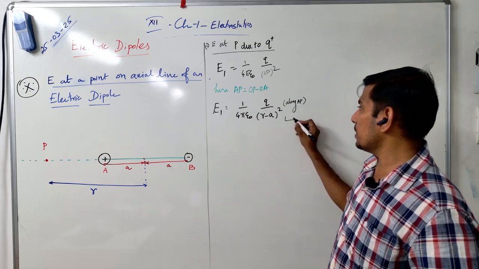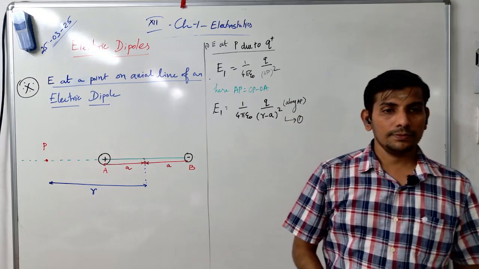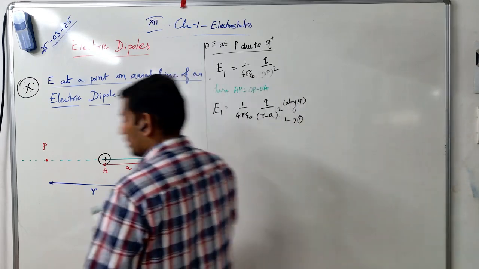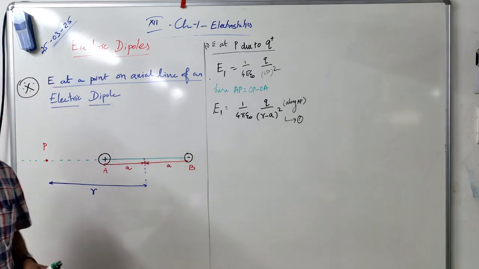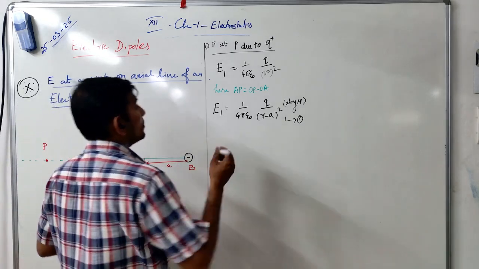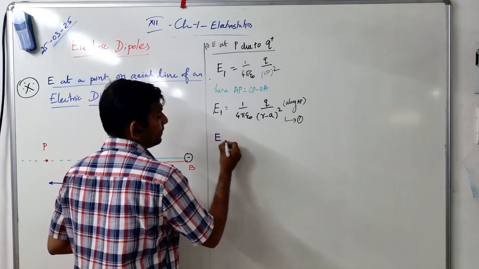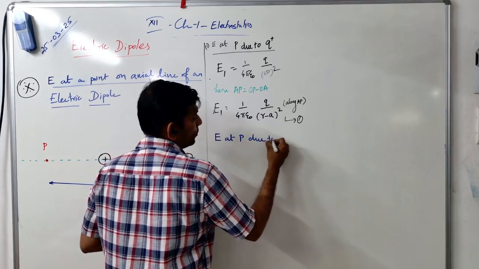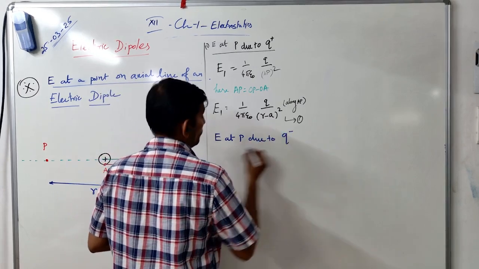So let this be equation number 1. Similarly, we can calculate the electric field at point P due to the second charge, the negative charge.